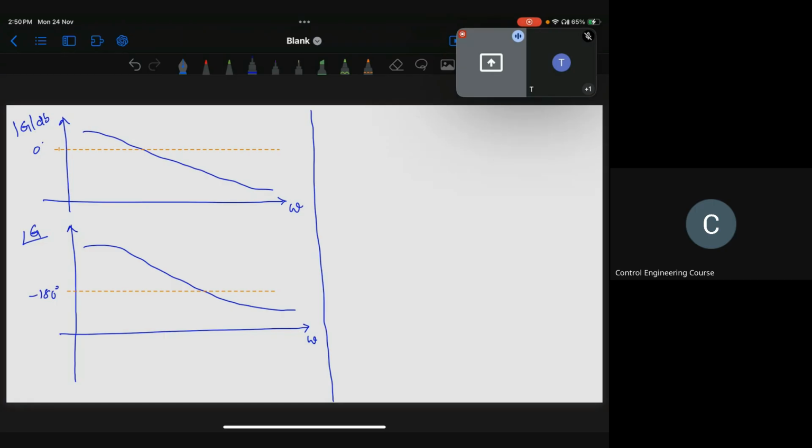We consider this coordinate: minus 180 on the y-axis, and on the x-axis omega pc, the phase crossover frequency, which is somewhere here.